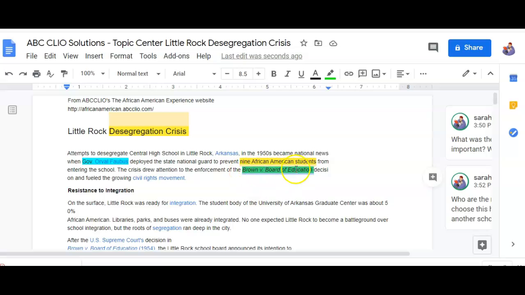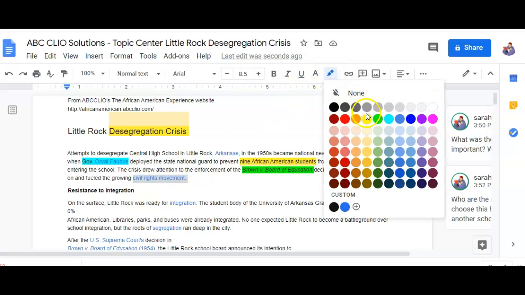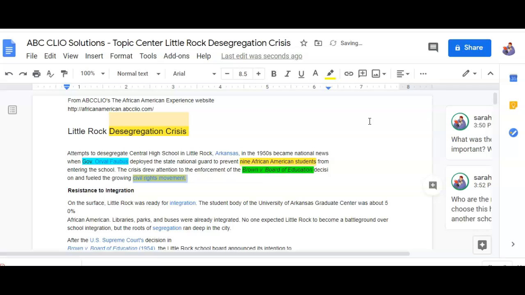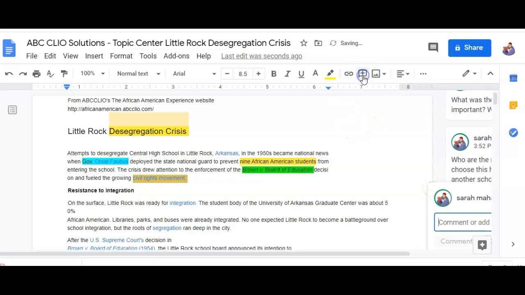So I would want to know, what is Brown versus Board of Education? What did it do? And then how did this fit into the civil rights movement? How did they impact the civil rights movement, or how did the civil rights movement impact them?